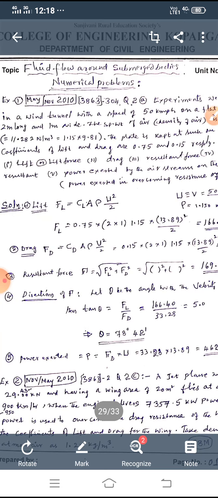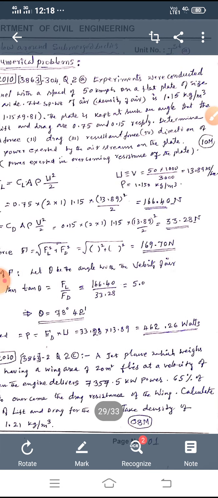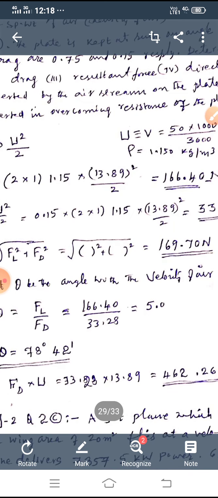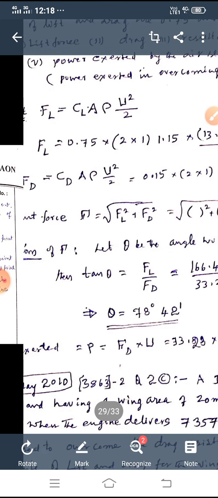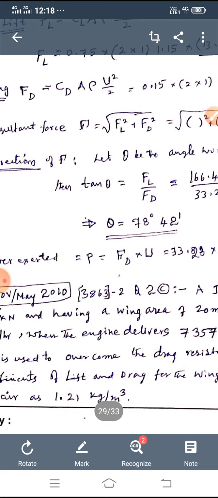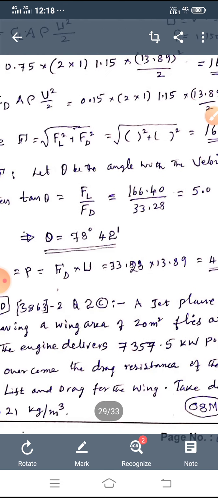Now the fourth one, direction of resultant: tan theta is equal to FL by FD. You will get theta is equal to 78 degrees 42 minutes. The last one, power exerted, P is equal to the force in the horizontal direction, that is FD, multiplied by velocity of fluid.